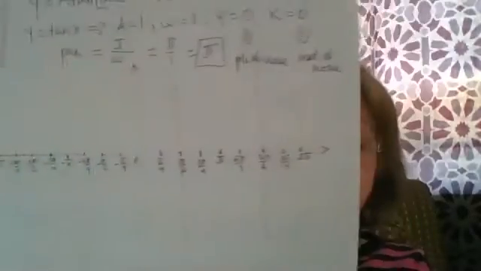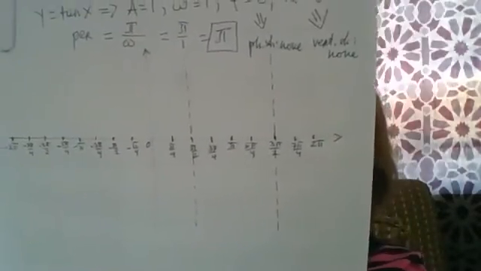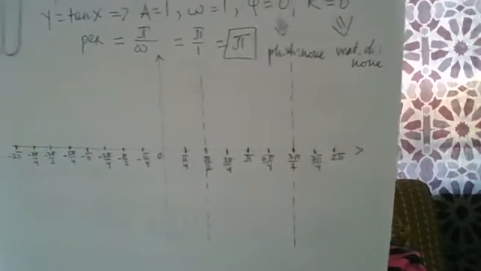First asymptote should be running vertically through pi over 2. Another through 3 pi over 2. Tangent is a pi periodic function. Can you see what I sketched? I already sketched vertical lines through these two bad angles for tangent.